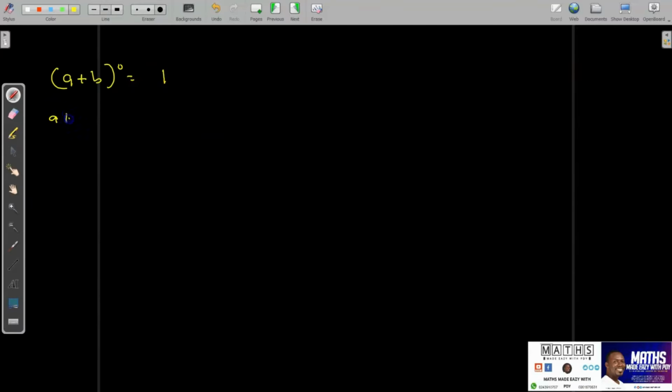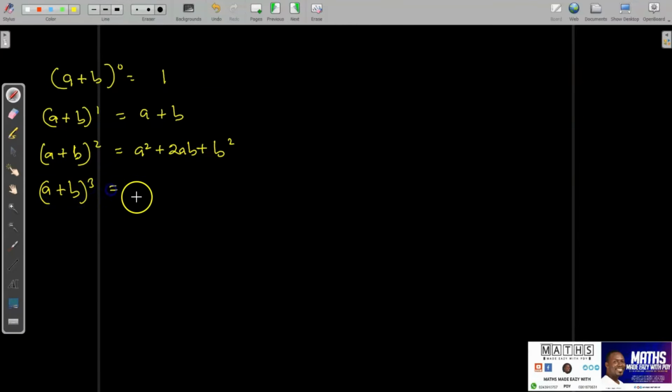When we had a plus b all to the power 1, it gave us a plus b. When we had a plus b all to the power 2, what is the answer? a squared plus 2ab plus b squared. Good. And then when we had a plus b all to the power 3, what do you have?